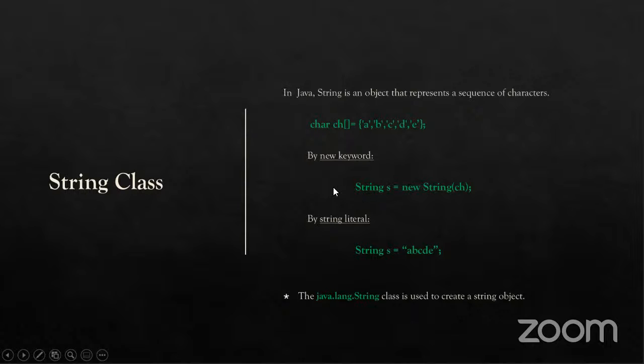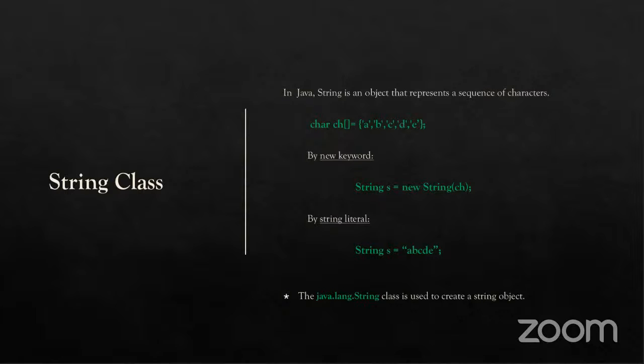For creating a string object, we have two ways actually. The first is by using the new keyword and the second is by using a string literal. What is the difference between them?